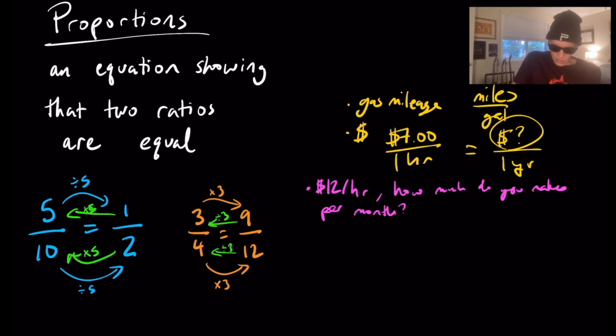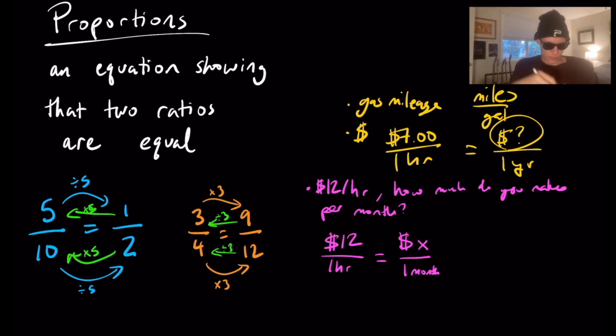You are making $12 for every 1 hour of work that you do. So you don't have to write these terms, the dollar sign or the hour. I'll just do it now just so we know what we're talking about, but you would just write 12 over 1 if you didn't want to use those. So $12 per 1 hour is equal to, well, some number of dollars per 1 month. We don't know what that is, and that's going to be our variable here.